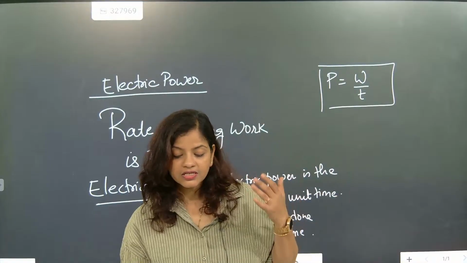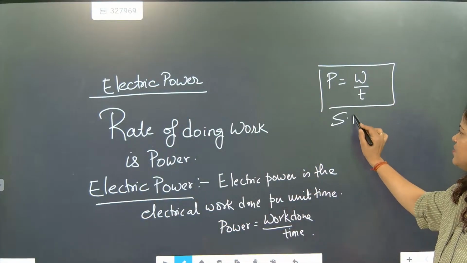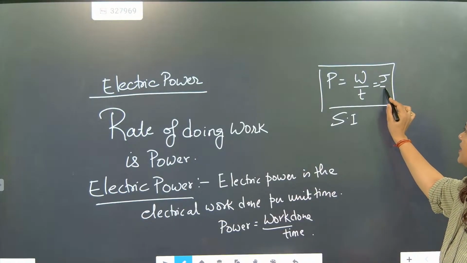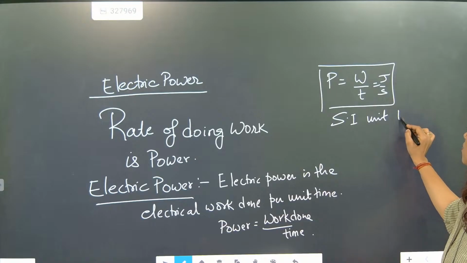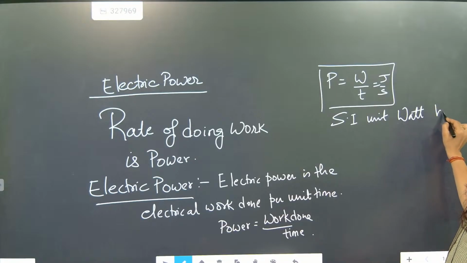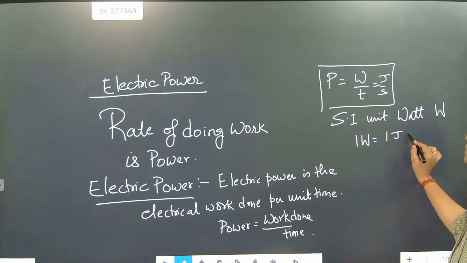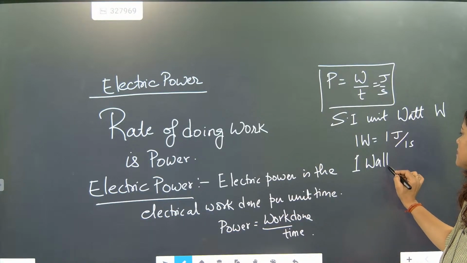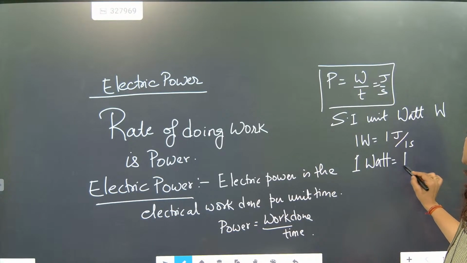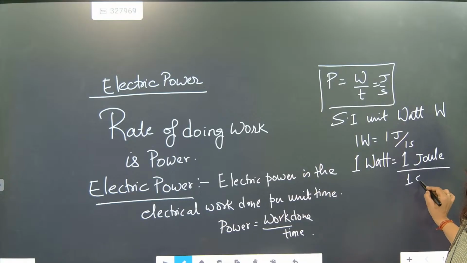Understood? So what is the electric power unit? What is the SI unit? Work done unit is joule and time is second. So the SI unit is watt, written as W. That means 1 watt is equal to 1 joule by 1 second.